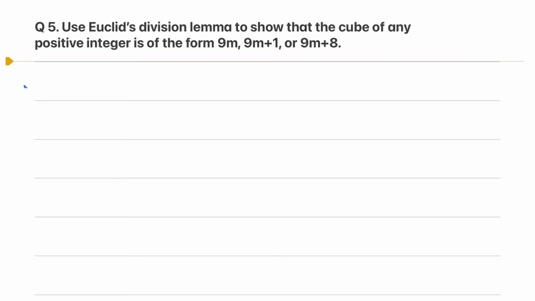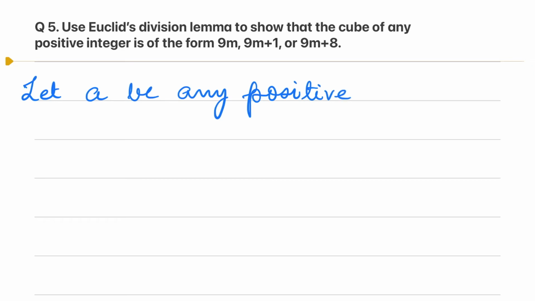So let's move to question number 5, the last question of this exercise. It says, use Euclid's division lemma to show that the cube of any positive integer is of the form 9m, 9m plus 1 or 9m plus 8. So here also let a be any positive integer and b is equal to 3.